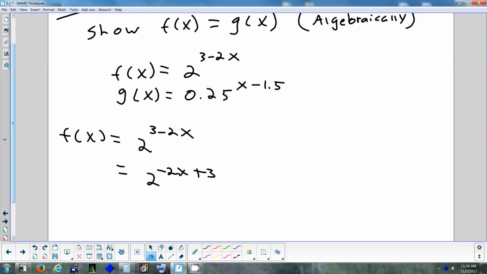Now I'm going to do what Mailing said. I'm going to factor out something. Okay, I'm going to factor out a -2. The reason? If I look at g of x, what number is in front of x right now, in the exponent for g of x? 1. So let's make my number in front of x a 1.